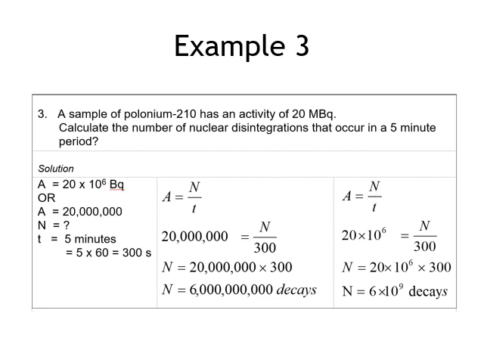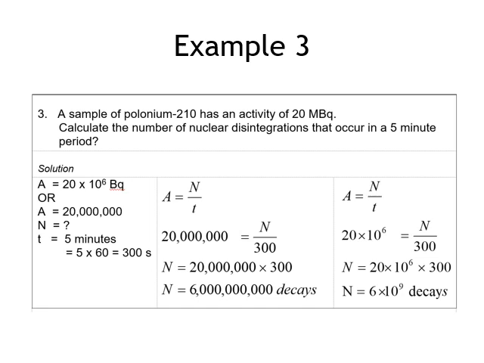Third example, calculate the number of decays that occur in 5 minutes if a sample of polonium-210, that's just a material, has an activity of 20 megabecquerels. So we've listed what we know down the side. We've got A, our 20 million becquerels.